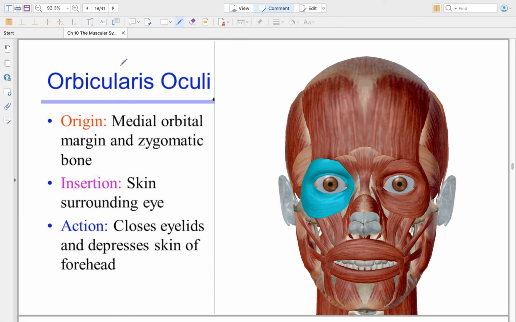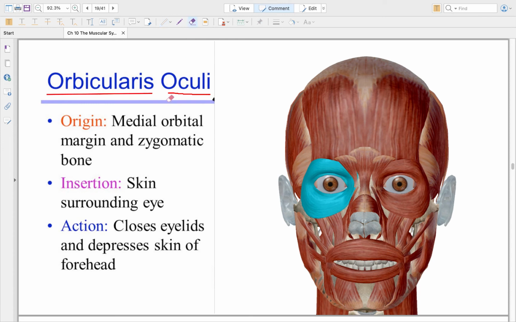The orbicularis oculi. I want you guys to look at these words. These are Latin words, and they can be a little tedious to pronounce, but I like to break them down and try to pronounce them correctly, and I like for you guys to do it too. So I want you to pronounce this as orbicularis oculi.